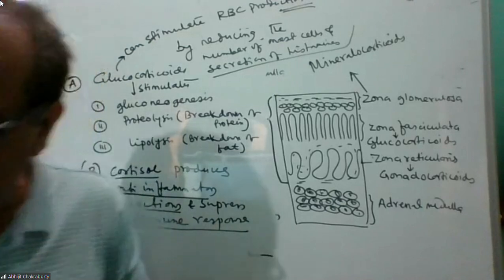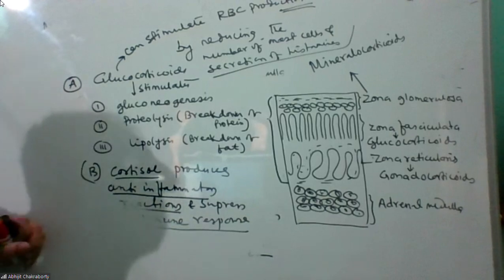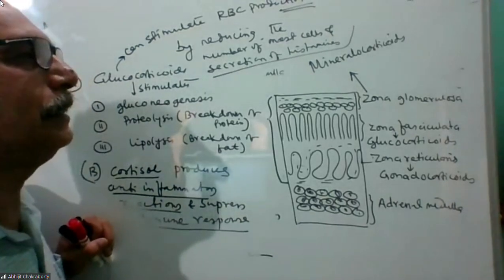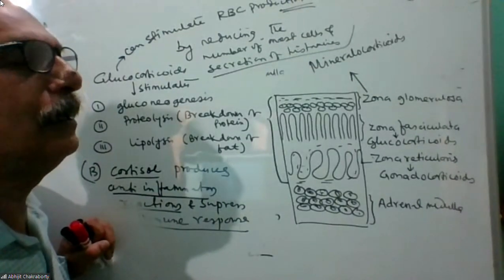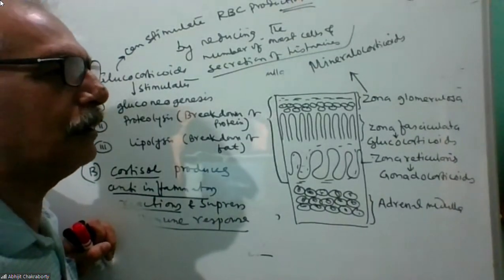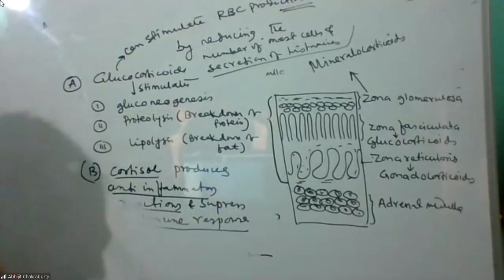Basically the next one, the gonadocorticoids, help in the growth of secondary sexual characters. At puberty, the development of secondary sexual characteristics, gonadocorticoids help. That's why hypersecretion of gonadocorticoids leads to adrenal virilism. Remember this thing.